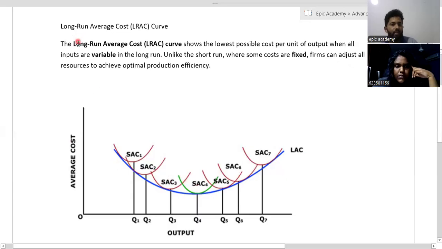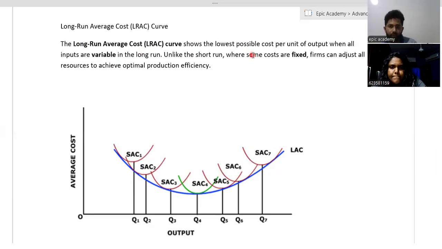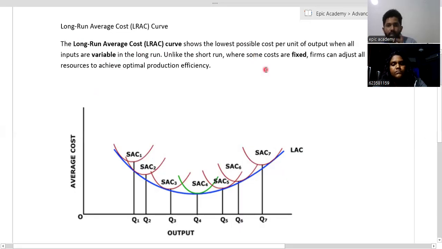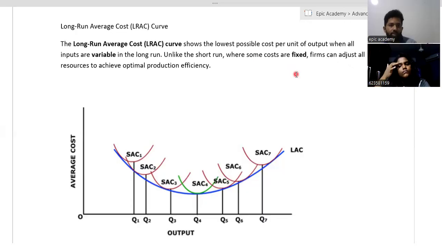So the long run average cost curve, I mean the LRAC curve, shows the lowest possible cost per unit of output when all inputs are variable in the long run, unlike in the short run where some costs are fixed. Firms can adjust all the resources to achieve the optimum production efficiency during the long term.